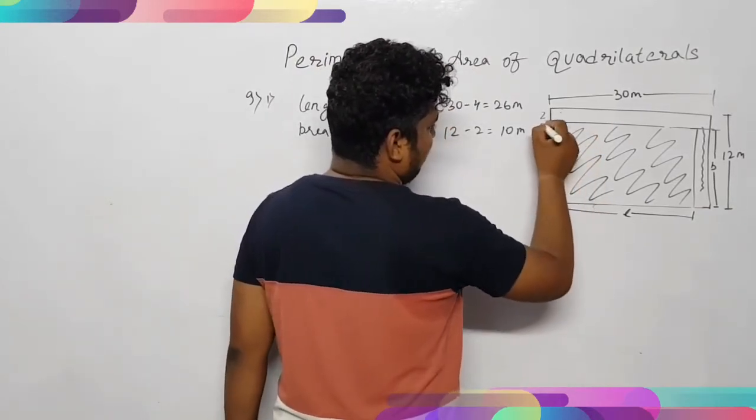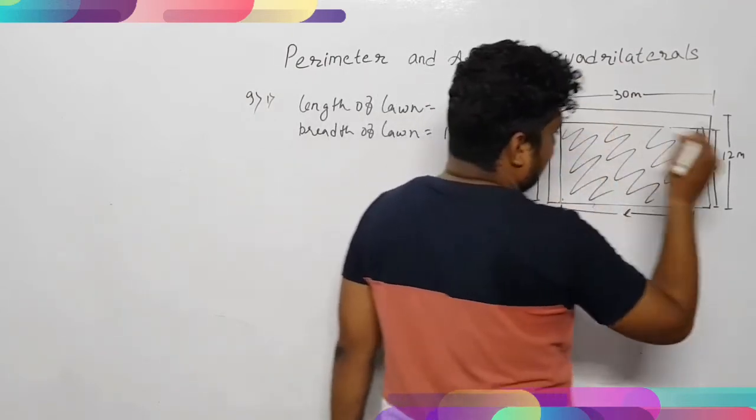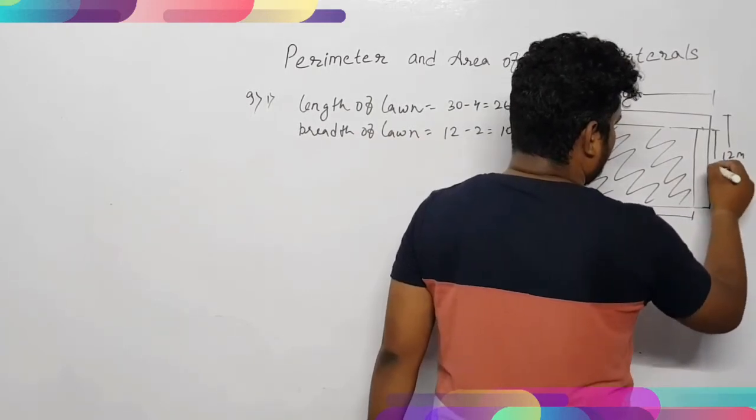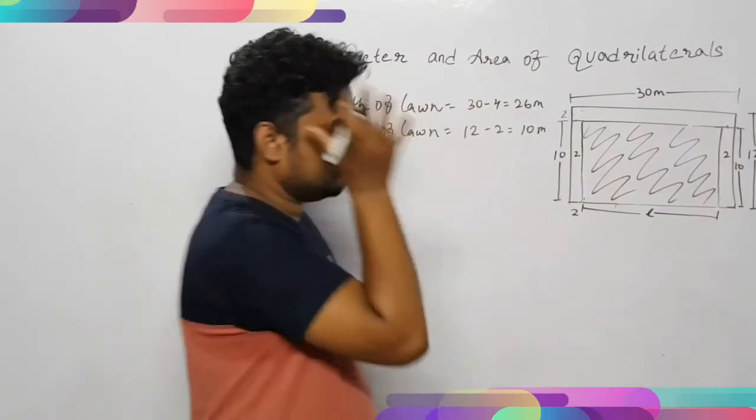The length of this particular part is 10, as we have found the breadth over here, and the length of this other part is also 10. And the thickness is 2. Clear with it?